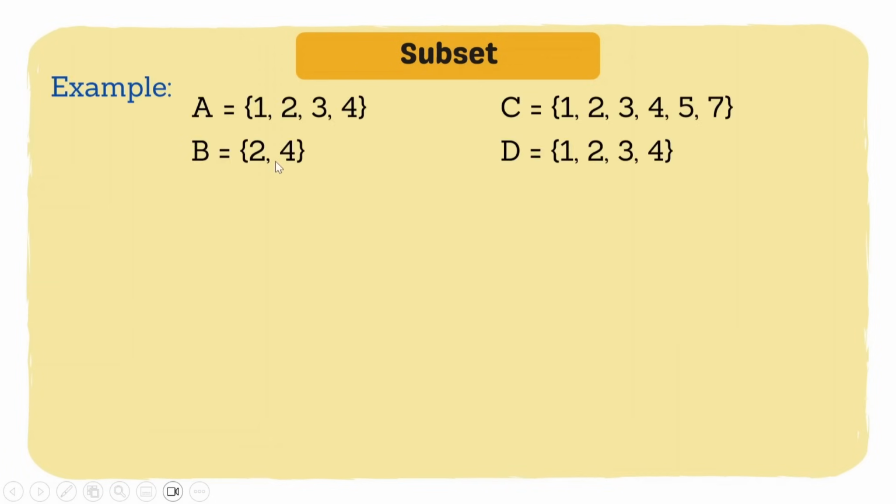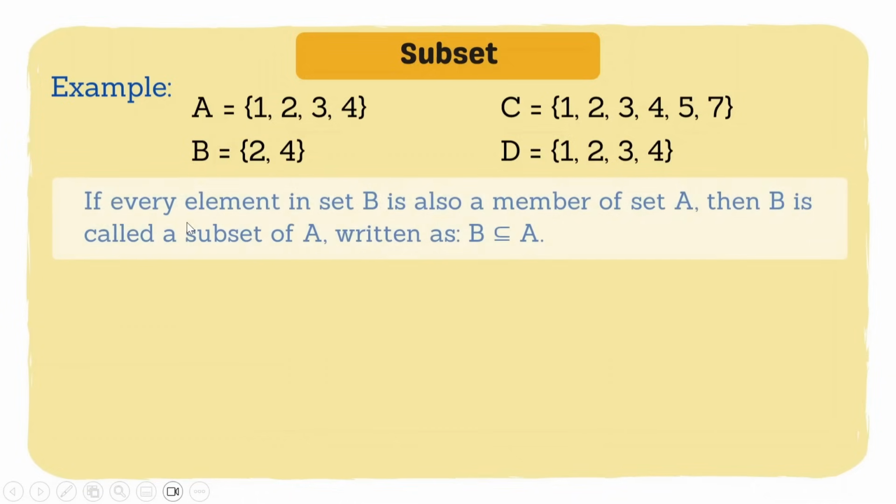Let's have examples of subset. We have here 4 sets. We have set A, set B, set C, and set D. If every element in set B is also a member of set A, then B is called a subset of A. Written as, ganito po yung pagkakasulat natin, set B is a subset of A. Okay?